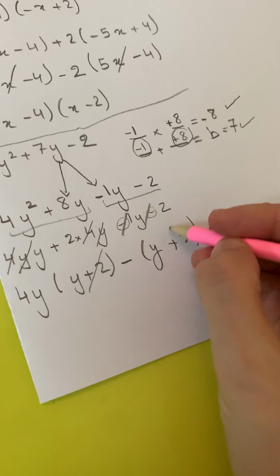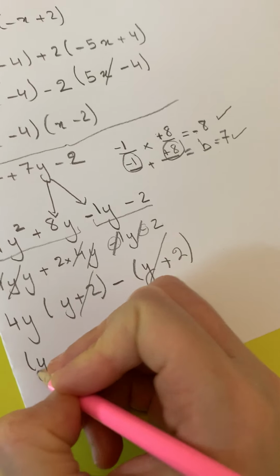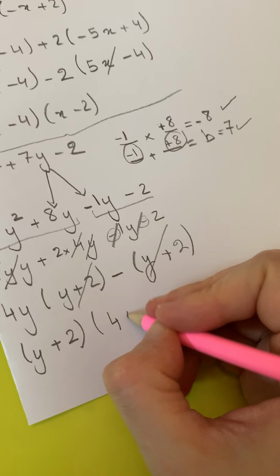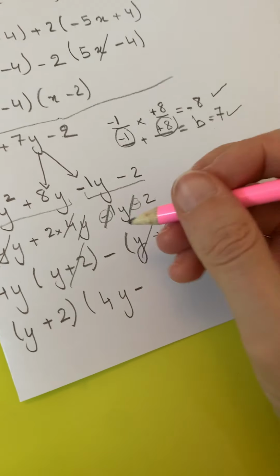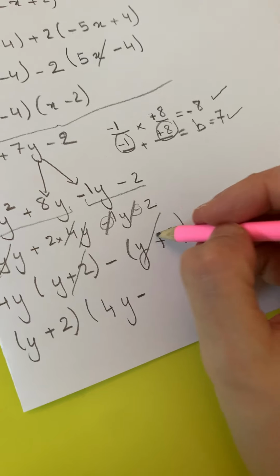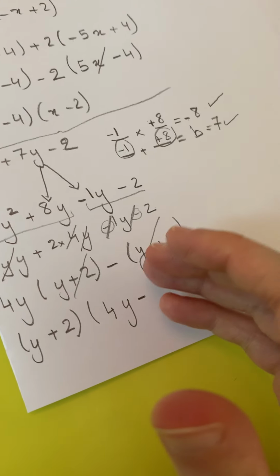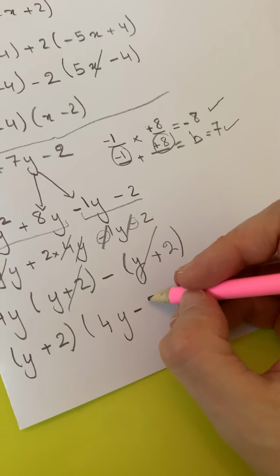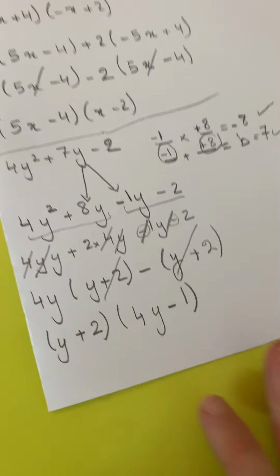Now, you take this common, it's y plus 2 into 4y minus, here, if you remember, we said if we took this and there is nothing else to write, so you put 1. That's it.